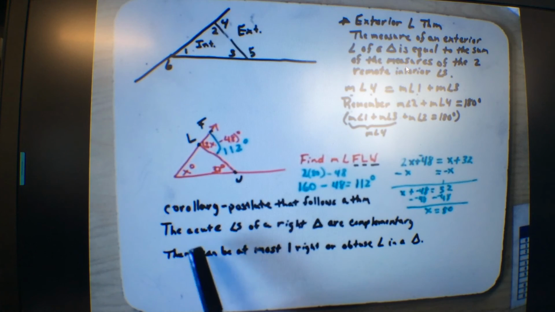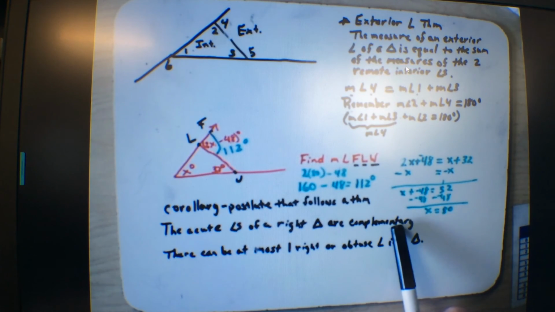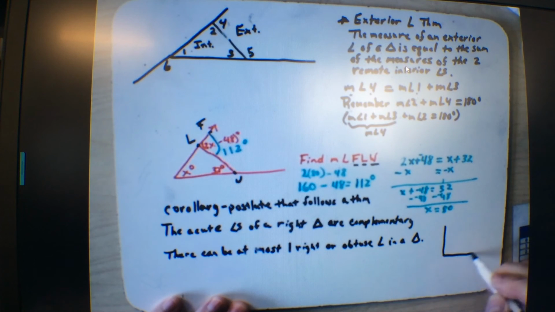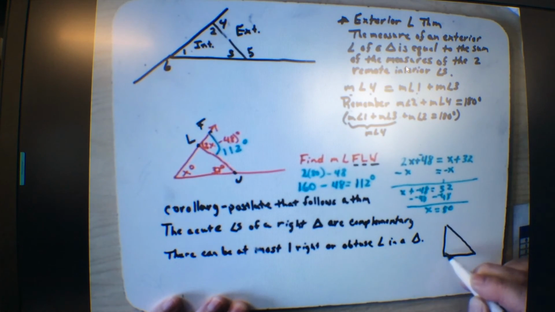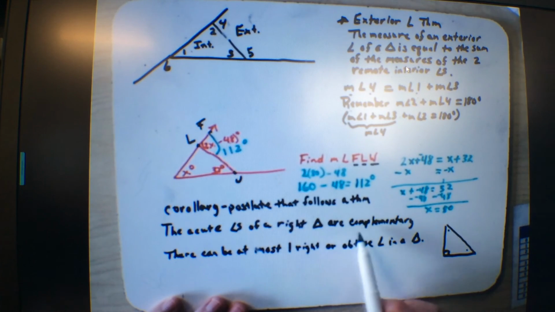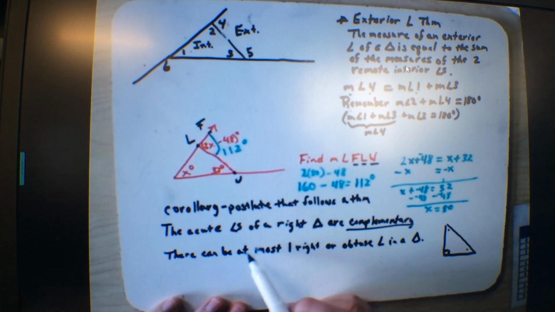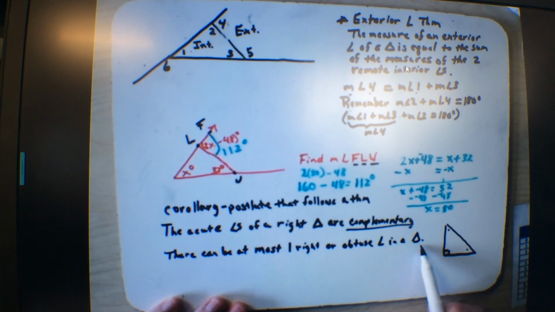The first one is the acute angles of a right triangle are complementary. If I have a right triangle, this is 90 degrees, correct? So what do these have to be together? They have to be 90 degrees. So they are complementary. The other thing is there can be at most one right or obtuse angle in a triangle.